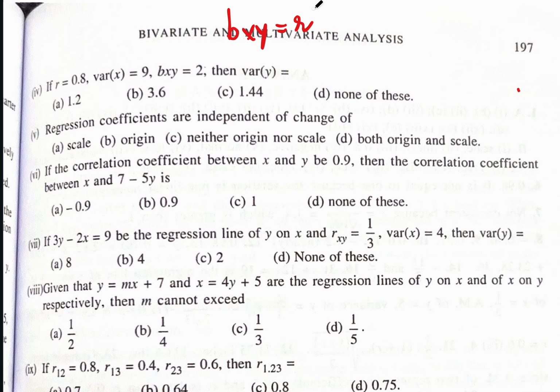So it's standard deviation of y division of standard deviation of x here. That would mean this was 4, this was 1.6, and this was my 9.